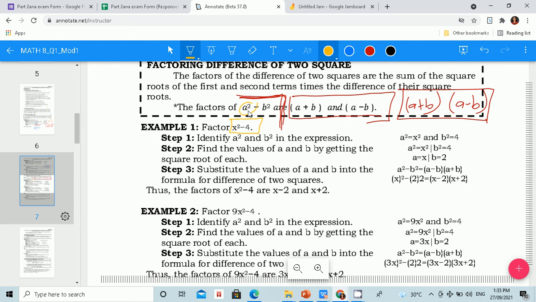A is just a representation from the general formula, the general equation. A can be replaced with many other variables or letters. So we have a squared here. x squared follows this general formula, a squared.